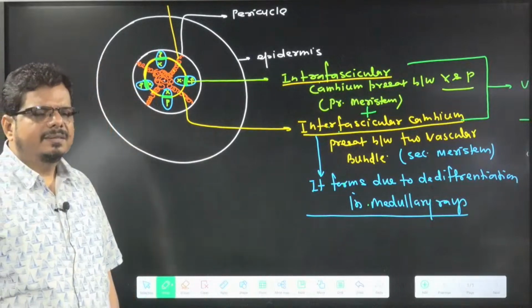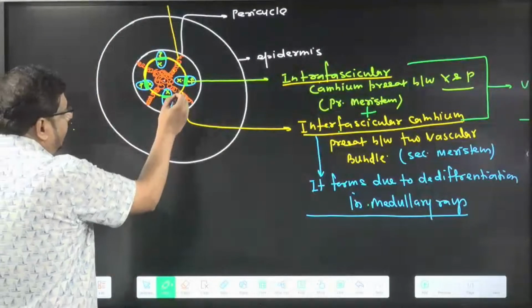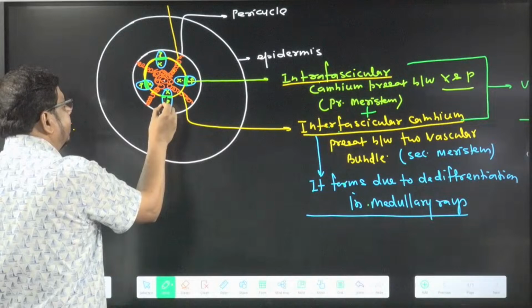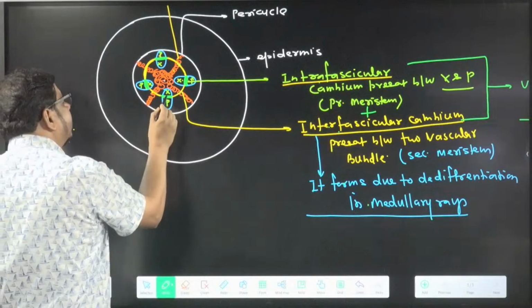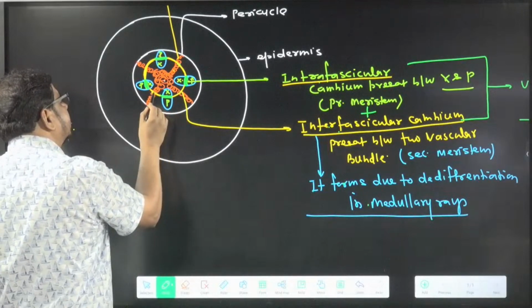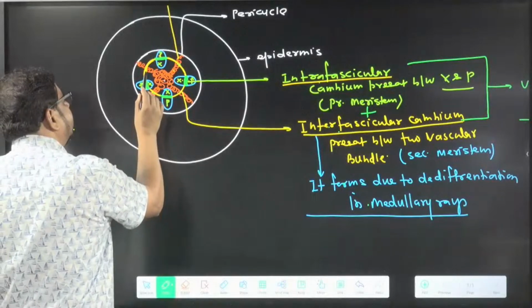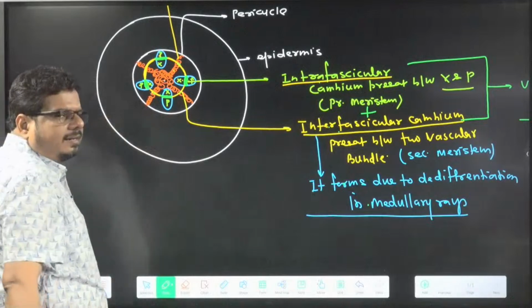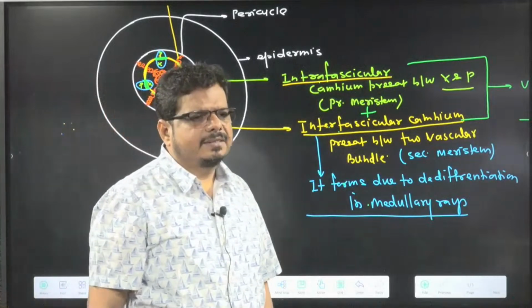Intrafascicular is what? This green color is primary meristem, yellow color is secondary meristem. Intrafascicular is primary, interfascicular is secondary. So primary, secondary, primary, secondary. Understanding came or not? Is it all right?